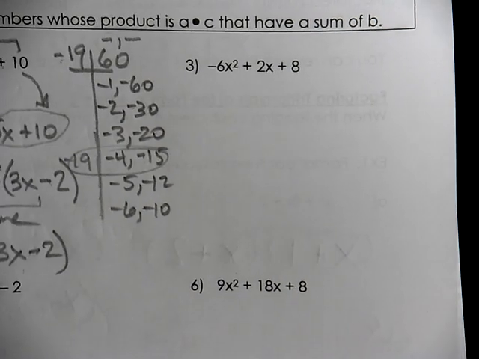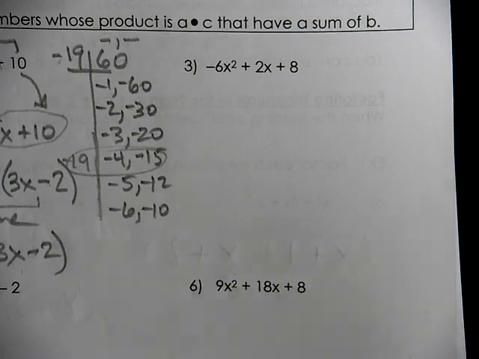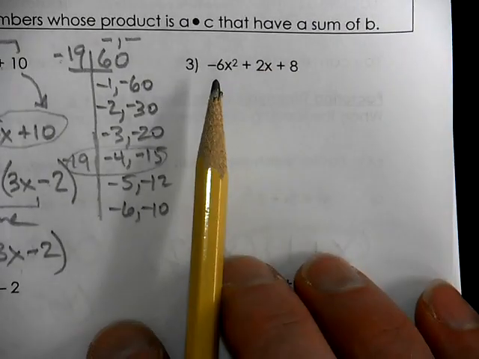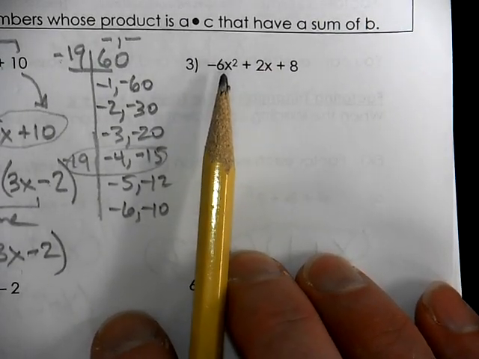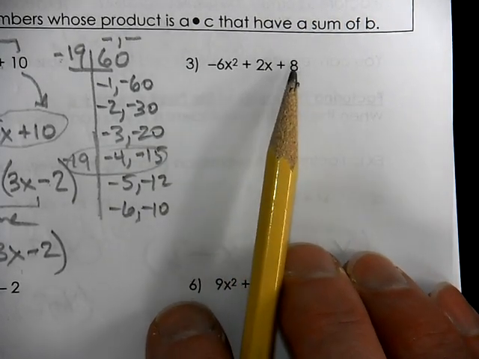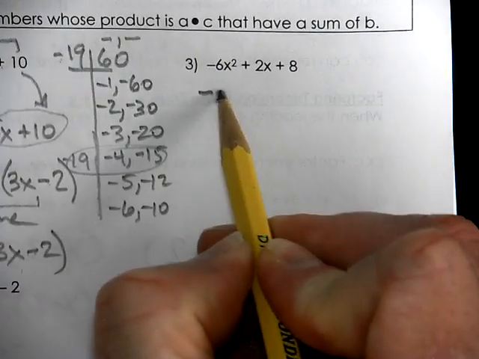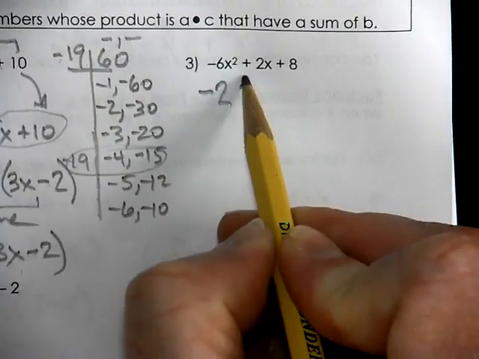All right, what looks tricky about number 3? A is negative, and we don't like to have negatives in front of the leading coefficient. So we're going to pull that out. Do you notice anything else? So we're going to pull out a negative 2.